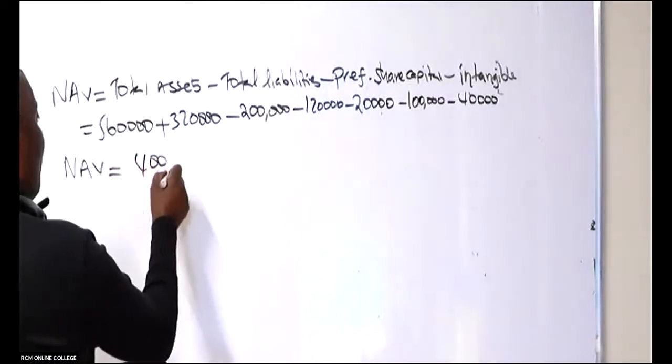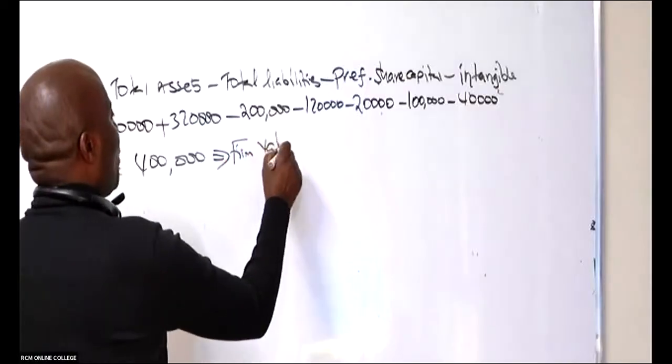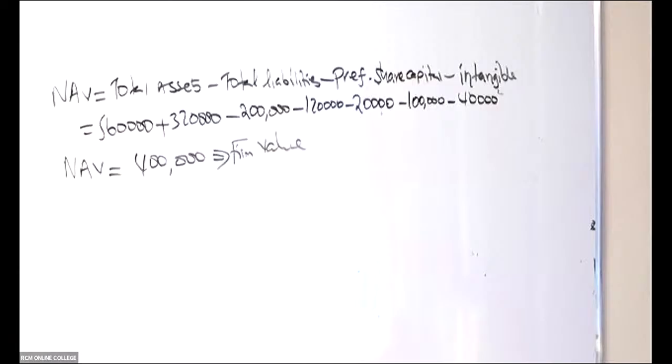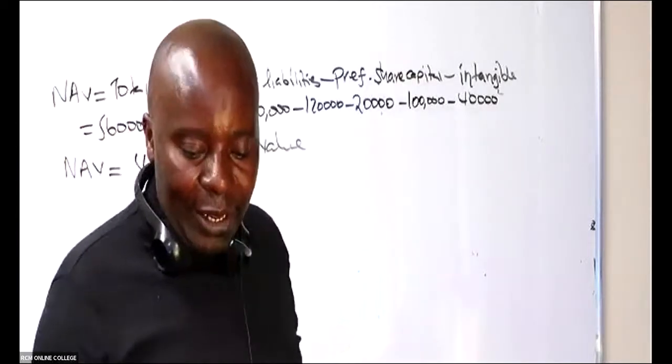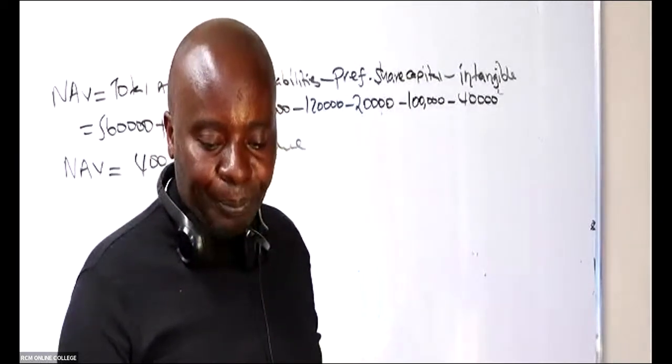So this is the value of the firm. At times they will ask you to provide what we call, ladies and gentlemen, the value per share or NAV per share. So if they tell me to provide NAV per share, this is what I shall do.